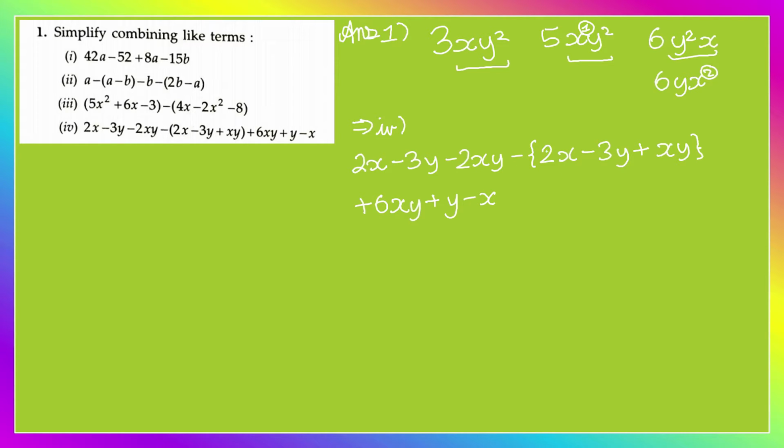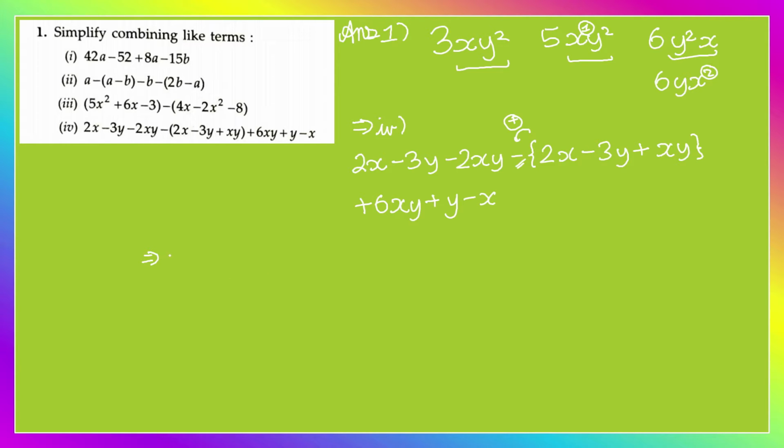So first of all, we are going to remove this bracket. But before removing the bracket, one thing you have to make clear is that if in front of the bracket there is a plus sign, then you can open the bracket without any change in signs. But as you can see, there is a minus sign, so you have to change every sign. That is, here minus will become plus, here plus will become minus, like this.